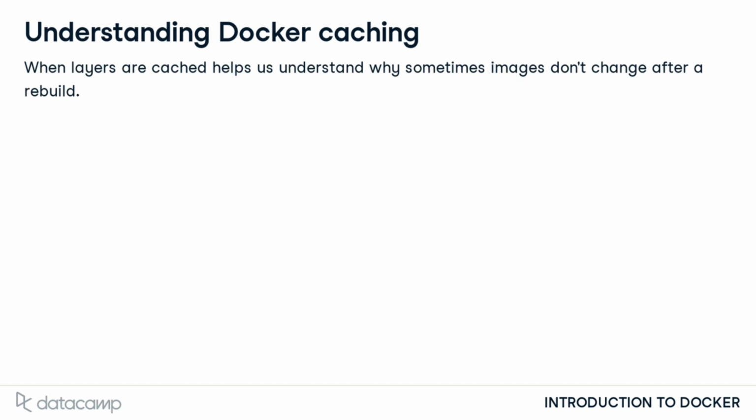Understanding when Docker layers are cached when building images is important for two reasons. First, it will help us understand why sometimes our image stays the same even though we change and rebuild it.